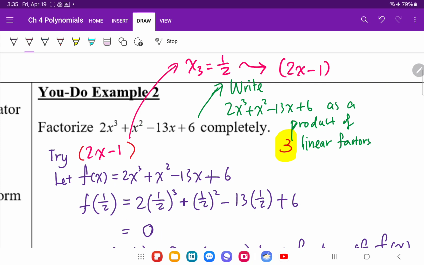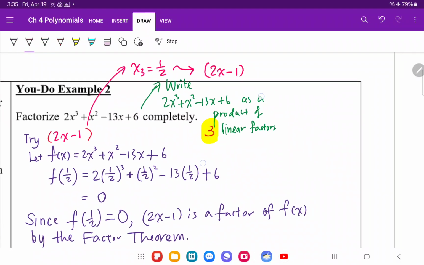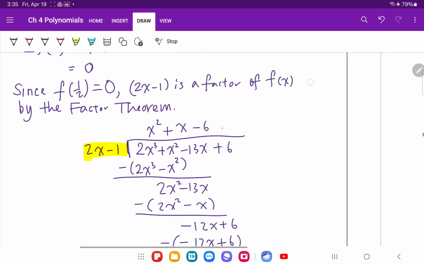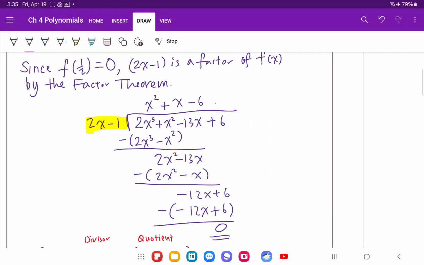Now you cannot stop here. You must say, since f of half is indeed 0, this is a factor of f(x), and you must mention it is because of the factor theorem. Now when that is done, proceed to do long division, make sure your remainder becomes a 0, and then the quotient is the other factor.